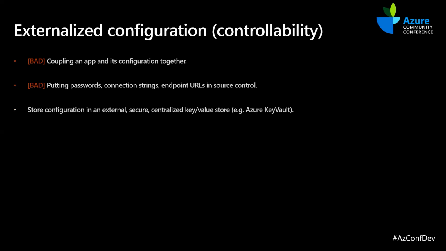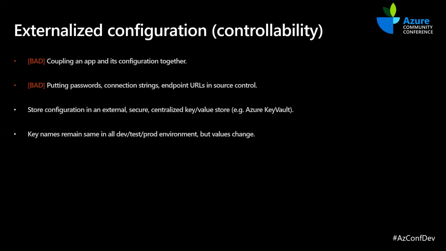In our case, all the app configuration is stored in Azure Key Vault. And like I mentioned, we keep the key names the same in dev, test, and prod environments, but the values change. So essentially, we have 3 key vaults in 3 different environments. They all have the same key names, but the values change.